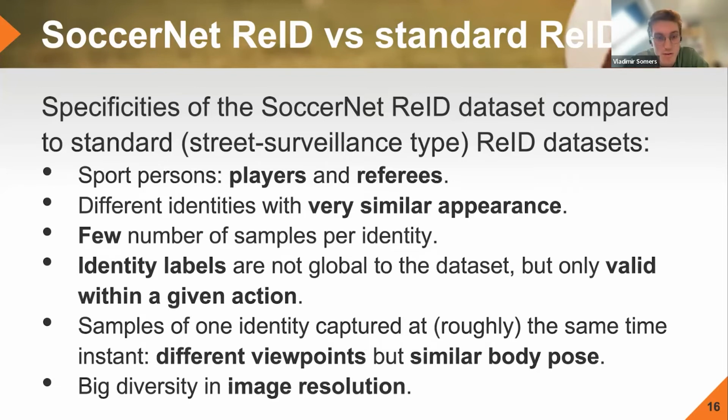But of course, those samples are captured at different camera angles. And finally, there is a big diversity in image resolution because some images are actually crops of very small bounding boxes in a panoramic view of the pitch, and image resolution for these crops is therefore very low.